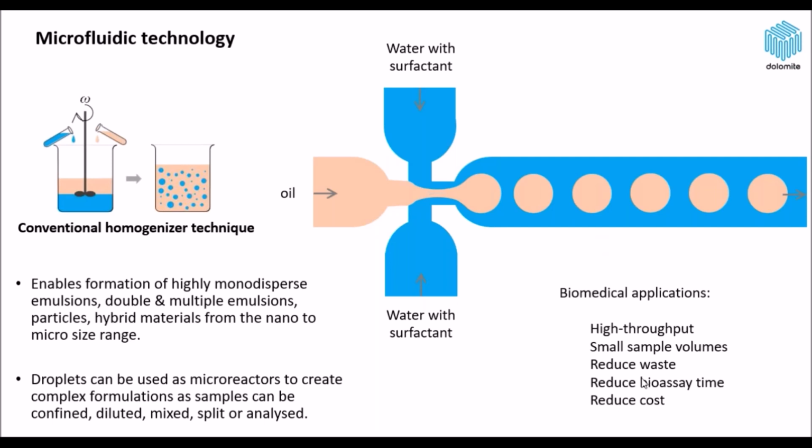So this all applies even in biological applications where you are looking for a higher throughput and you want to use small sample volumes, which conventional techniques do not permit you to do. So this is essentially what microfluidic technology allows you to have: precise control over your experiments or your assays, and be able to manipulate that downstream very easily.